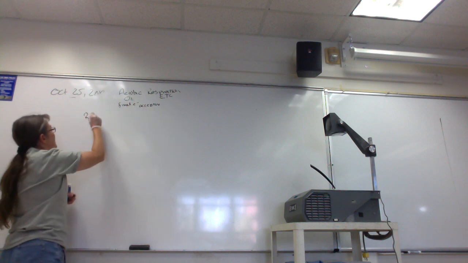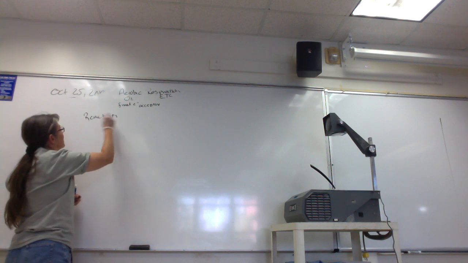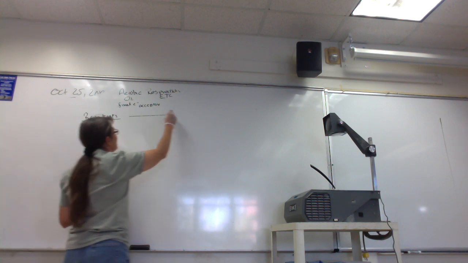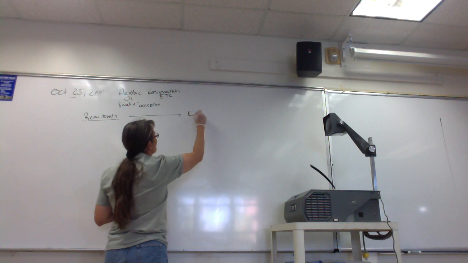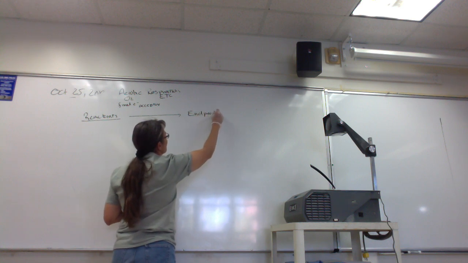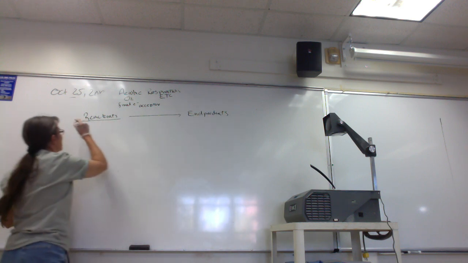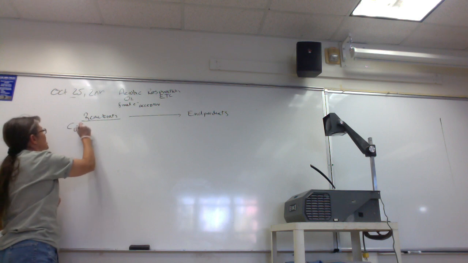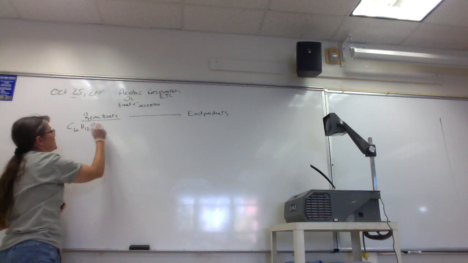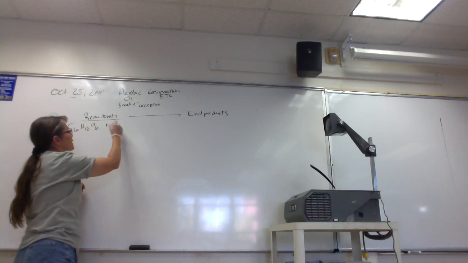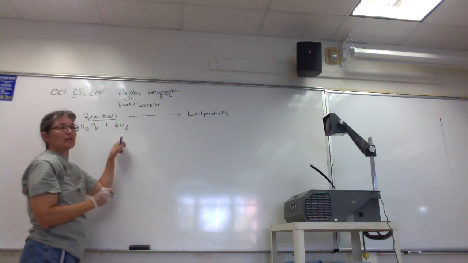So for the redox reaction for complete oxidation of glucose using aerobic respiration, we need a source of high energy electrons, and that's the glucose. And then we need our final electron acceptor, and that's molecular oxygen.